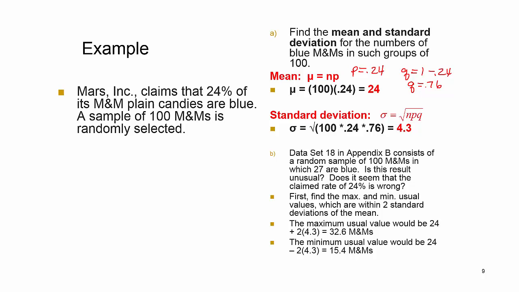The minimum usual value would be 24 minus 2 standard deviations. 24 minus 2 times 4.3 is 15.4 M&Ms. So in a sample of 100 M&Ms, we would expect to find anywhere from 15.4 to 32.6 blue ones. So 27 blue M&Ms falls within this range of usual values, and so it's not unusual. So the rate of 24% is not incorrect.